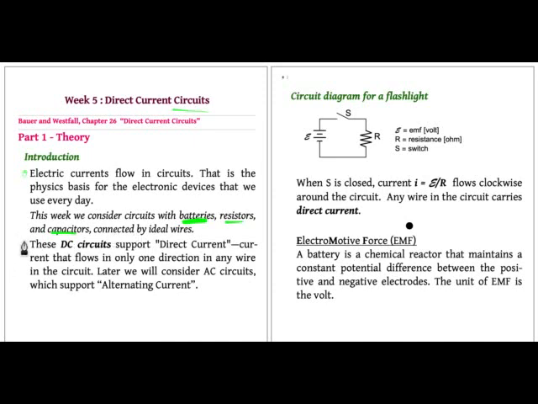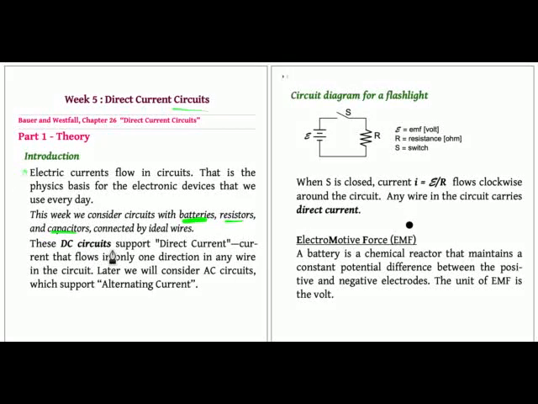So this kind of system, these DC circuits, support what's called direct current, DC. In other words, it's current that flows in only one direction in any wire in the circuit.